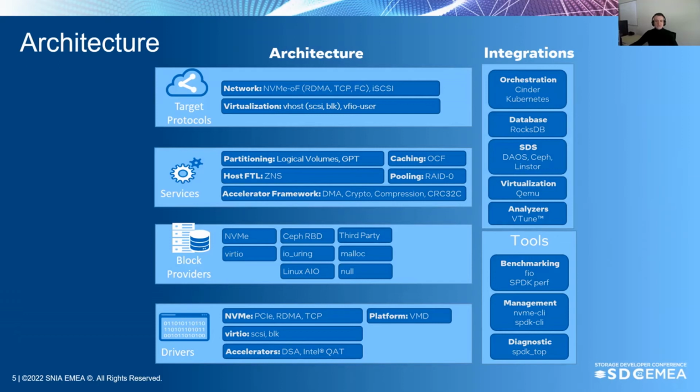In addition to that, there's a block device layer called BDEV that makes it possible to access various types of devices using block semantics. There are integrations with various existing projects such as OpenStack through its Cinder driver or CSI driver for Kubernetes. We also have integration with RocksDB and various other applications. We have a set of tools that we use for benchmarking, management, and diagnostics.